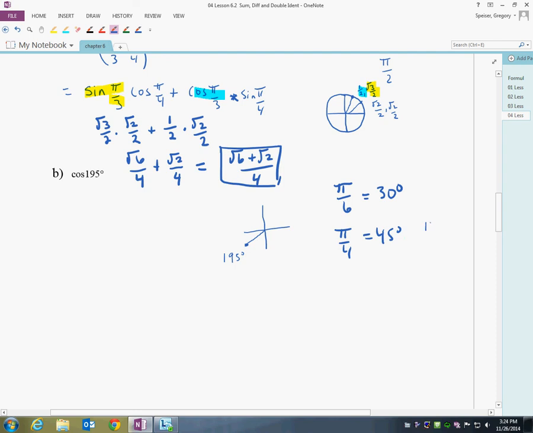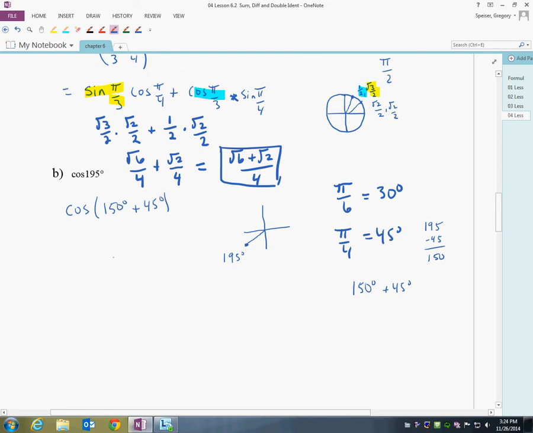So if I do 195 minus 45, I get 150. And then I can have 5 of those, right? Does that make sense? So I need to get 150 degrees and 45 degrees. So my next step over here, I can say it's going to be the cos of 150 degrees plus 45 degrees.